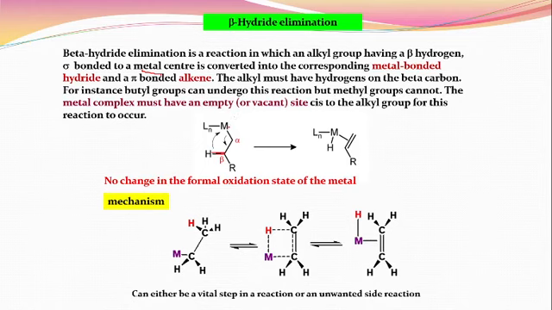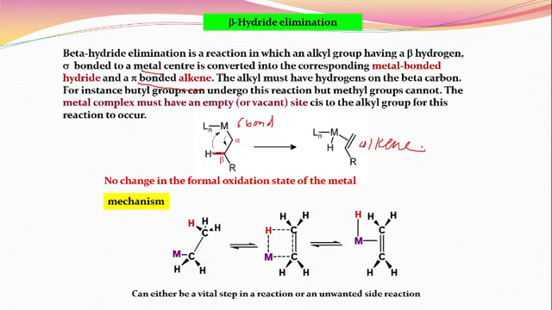Then it gets converted to the corresponding metal-bonded hydride and pi-bonded alkene. After this elimination, there is a formation of alkene.